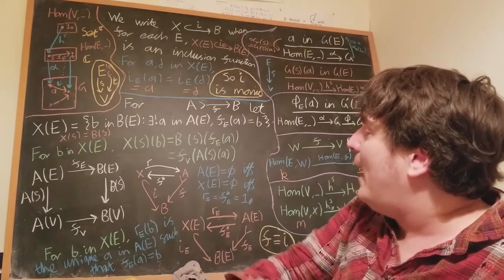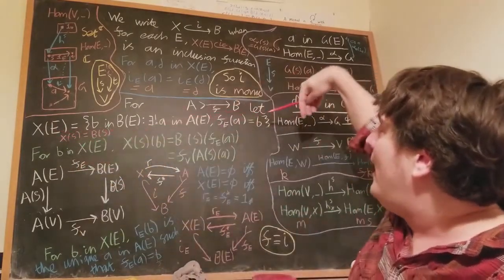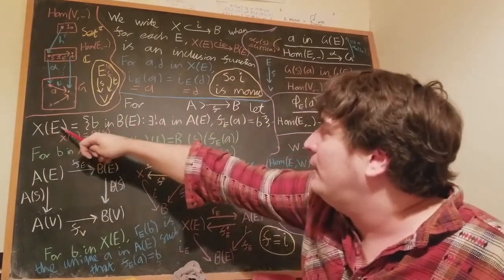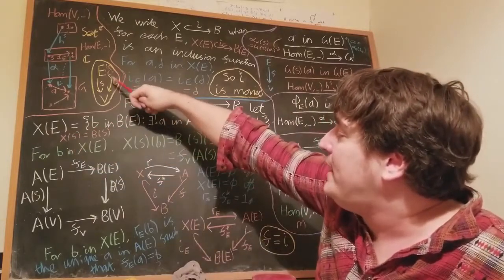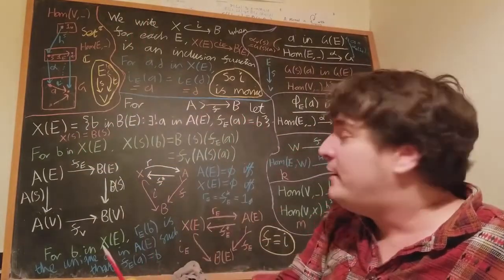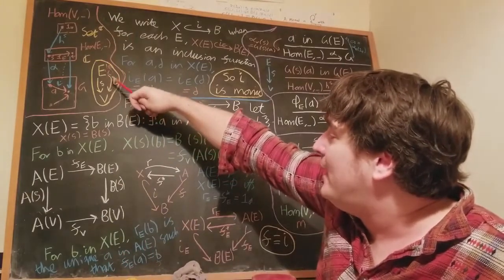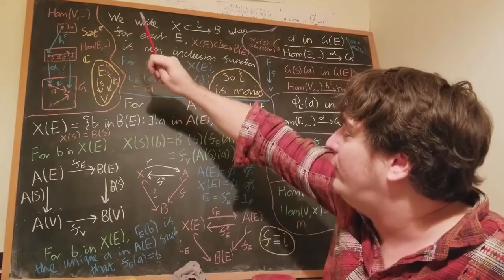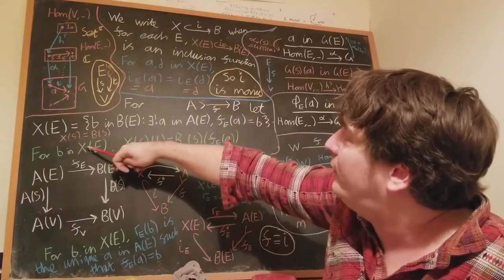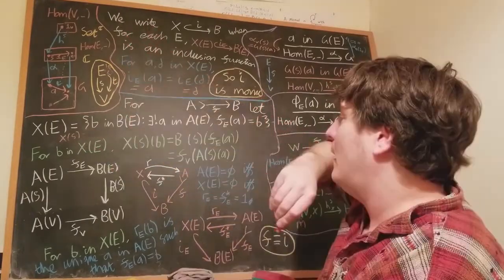So anyway, this tells us how we form x of capital E for every object E. But we also need to understand how arrows of C get lifted under this functor x, because we're trying to make a functor x from C to Set.